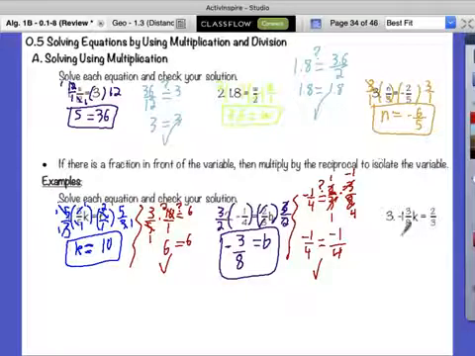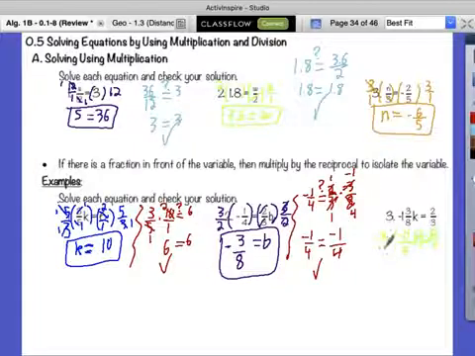So this is really negative 11 over 8 is equal to 2/3. So we're going to multiply by the reciprocal, which is going to be negative 8 over 11.